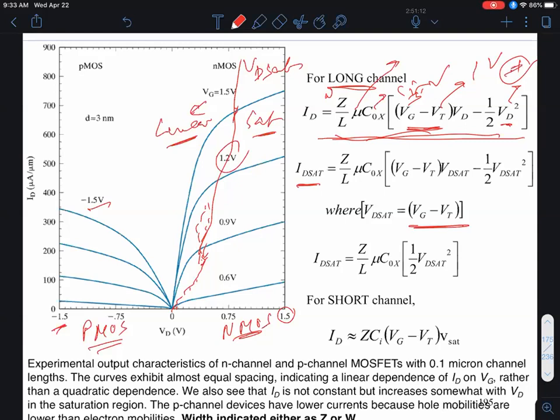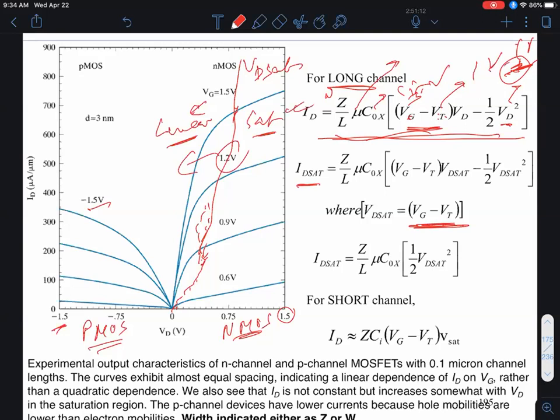Let's say VD was 1 volt. Is that in the linear or the saturation region? Well, VG is 5 volts, and VT is 1 volt, so VG minus VT is 4 volts. If I apply a drain voltage of 1 volt, that's clearly less than VD sat, which means I'm in this region, in which case I have to use this curve.